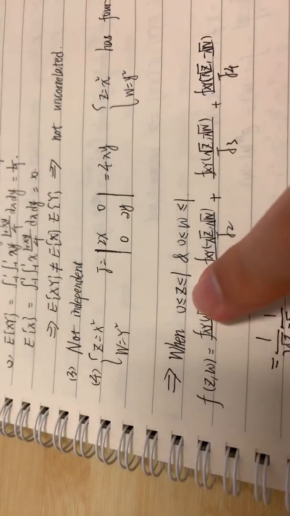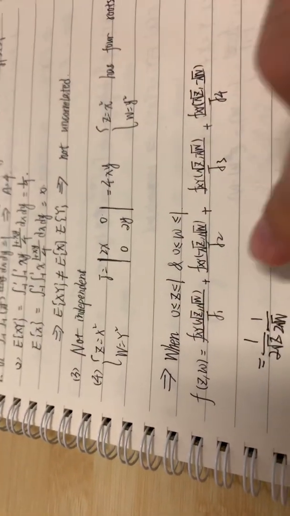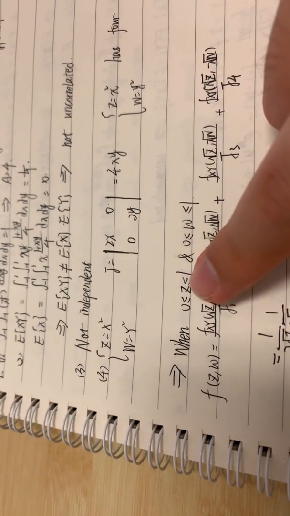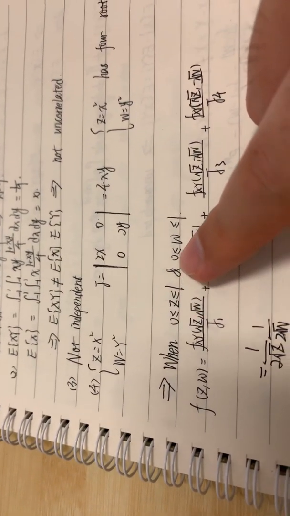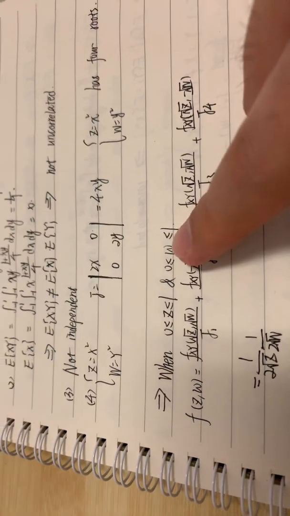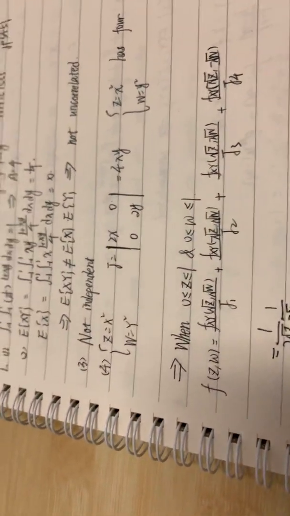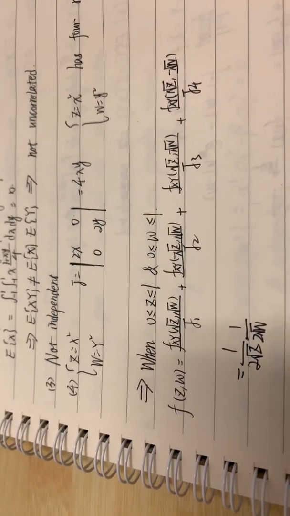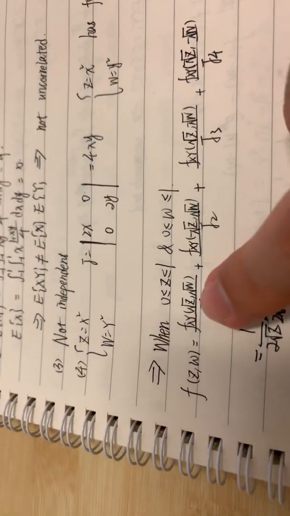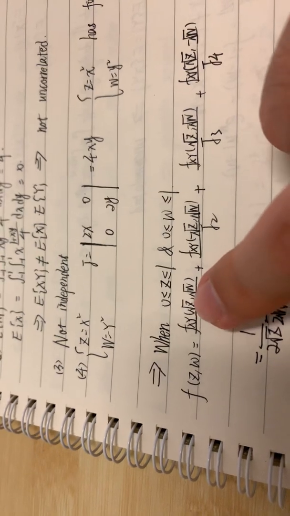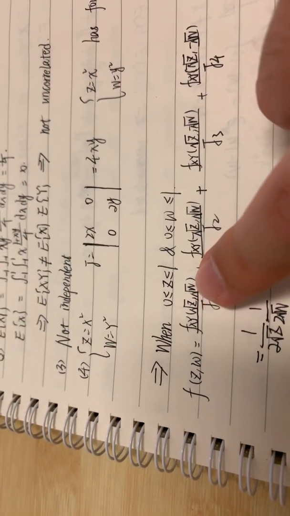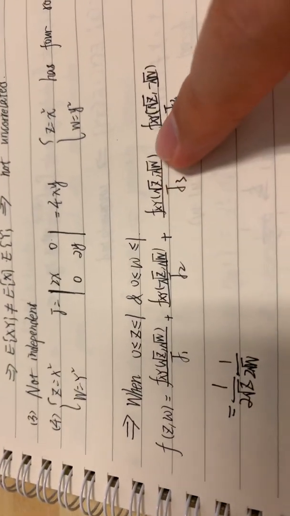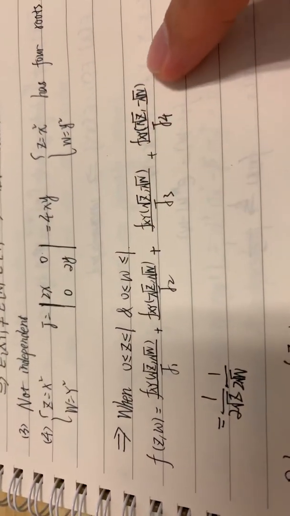Z is bigger than or equal to 0 and smaller than 1, and the same for W. That's 4 roots, so there are 4 Jacobians, one for each pair of square root Z and square root W with the various signs.